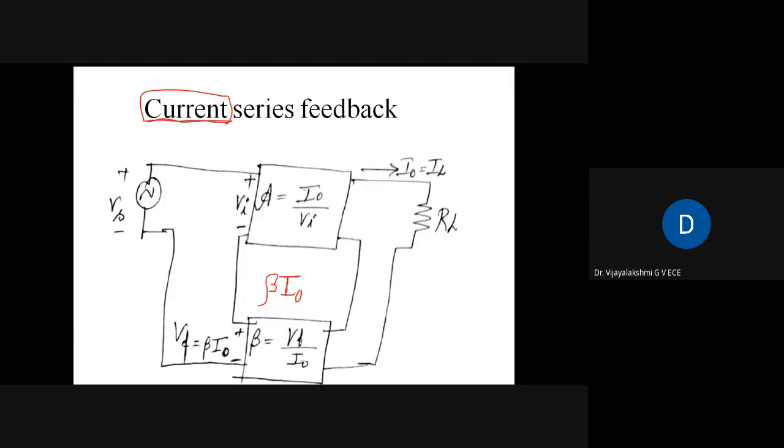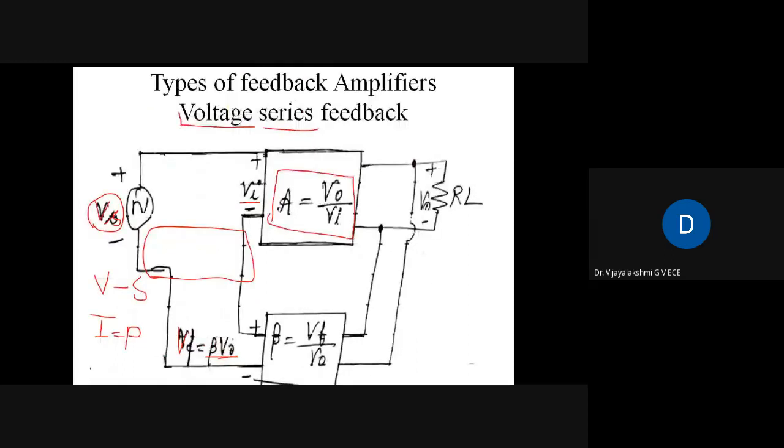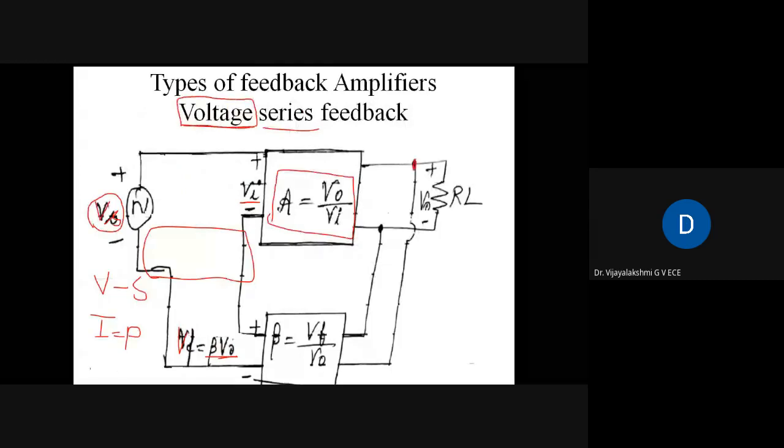Okay. Now one more thing I told you. When you are taking the voltage signal from the output, we take it in parallel. So you can just compare with the previous circuit. See here, this is voltage series, right? The first term is voltage. So you can see the voltage is taken in parallel. The second one is also voltage shunt.